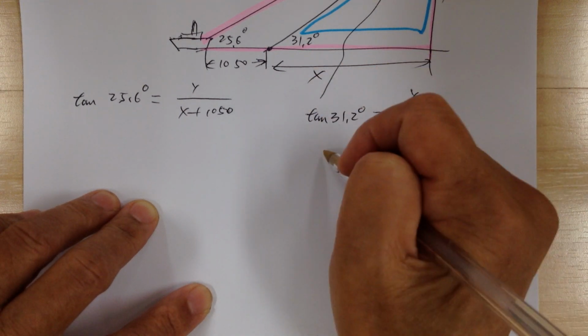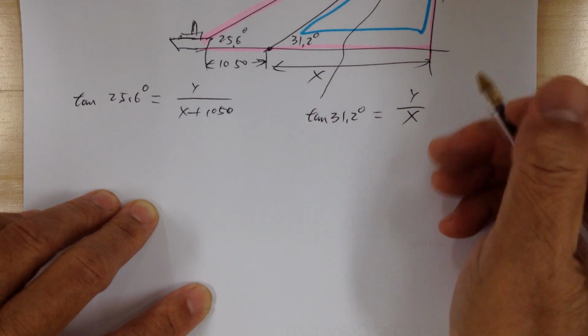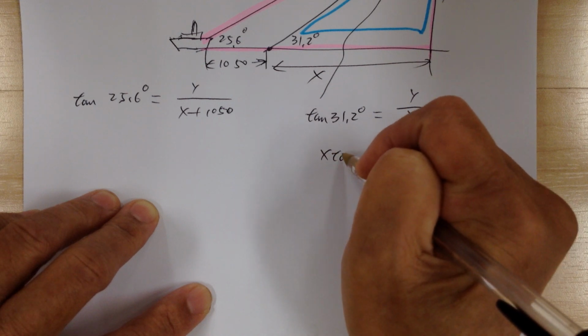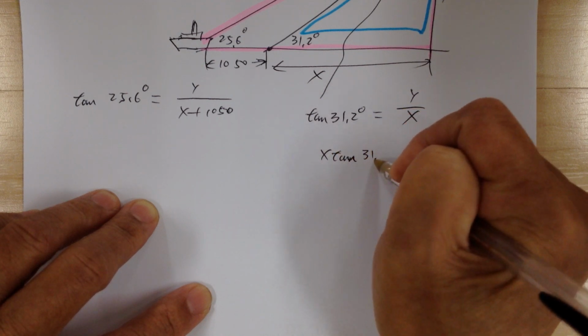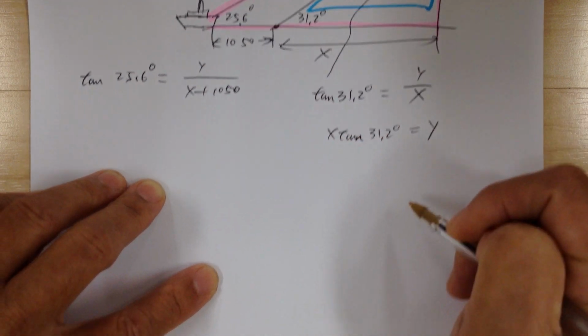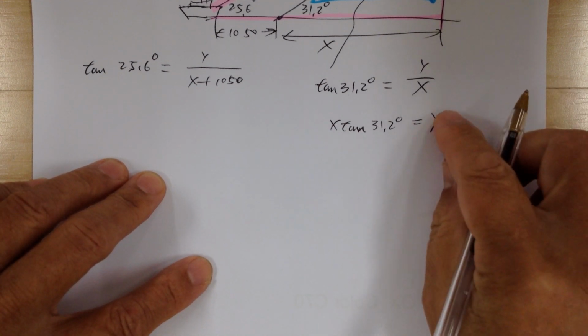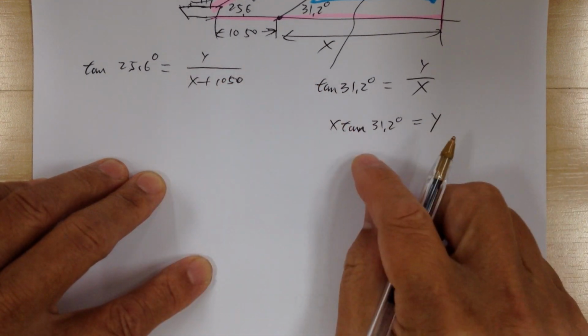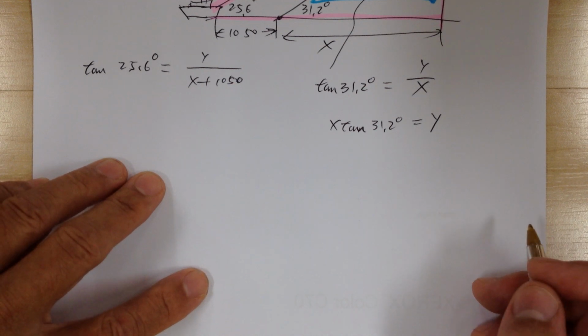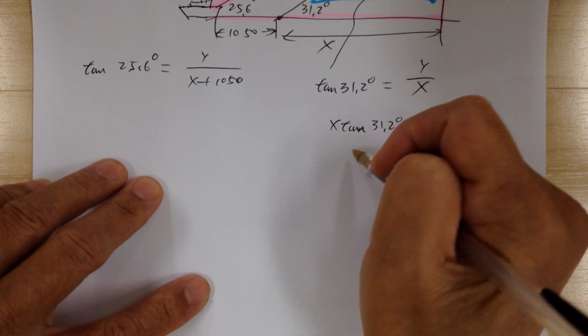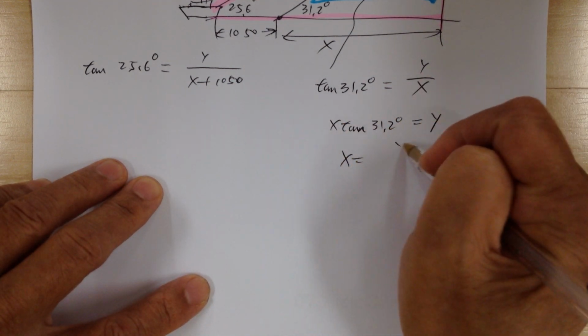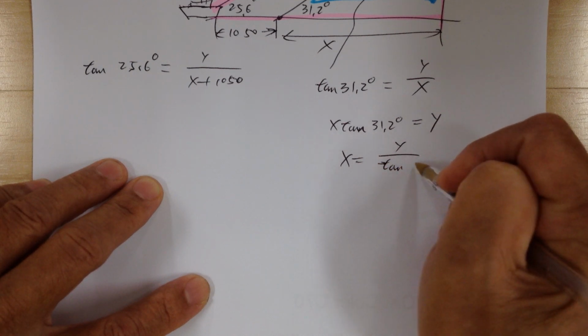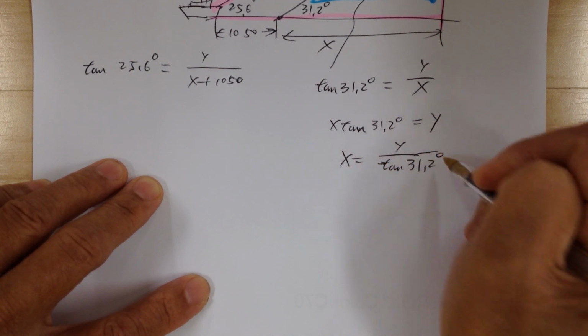So cross multiply, and you get x tangent of 31.2 degrees equal to y. We don't want to substitute this in the other direction because you'd end up solving for x, which we don't need. So divide, and you get x equal to y over tangent of 31.2 degrees.